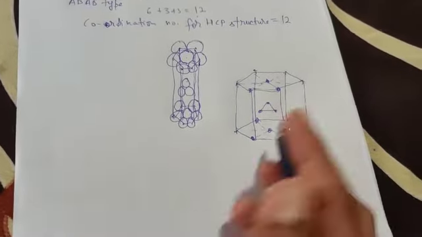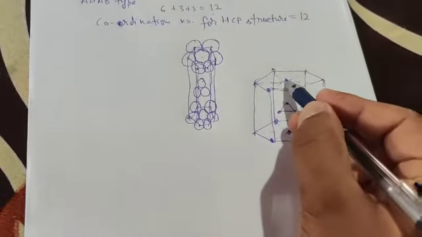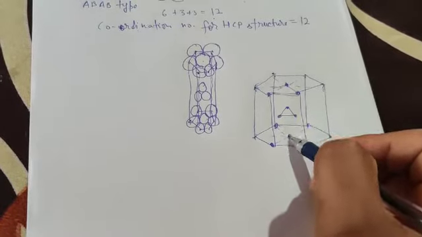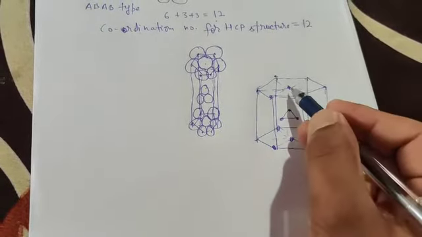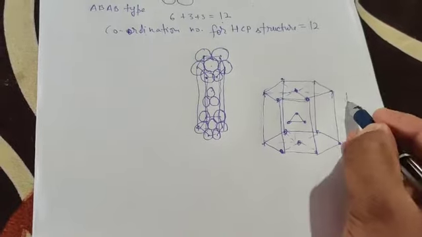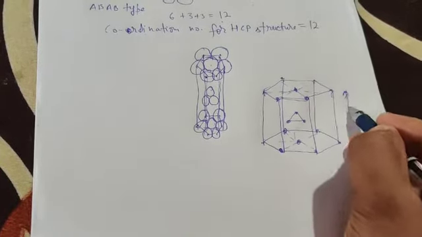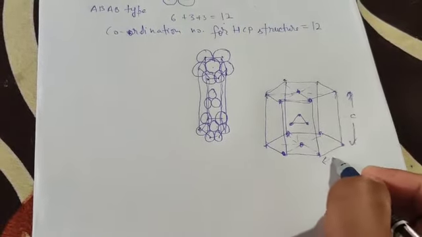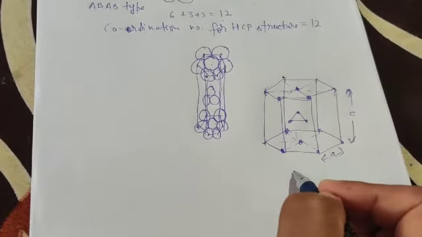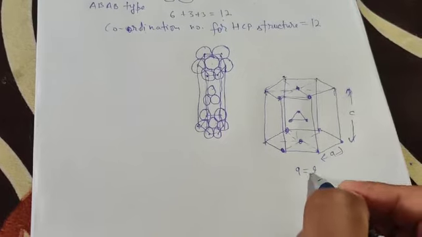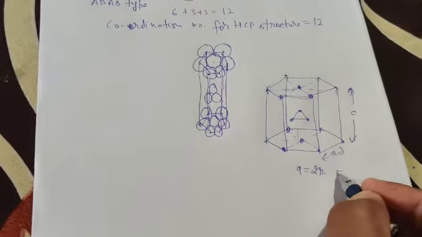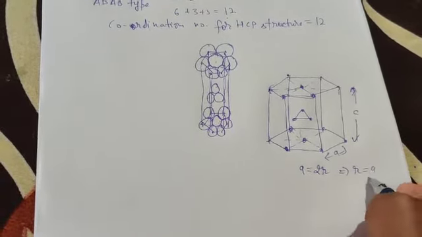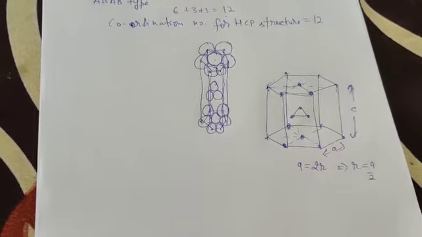If you join these planes, this is the perpendicular distance between these planes. This is the basal plane, so this will be height C, and this will be A, and we know that A is equal to 2R, or R is equal to A upon 2.